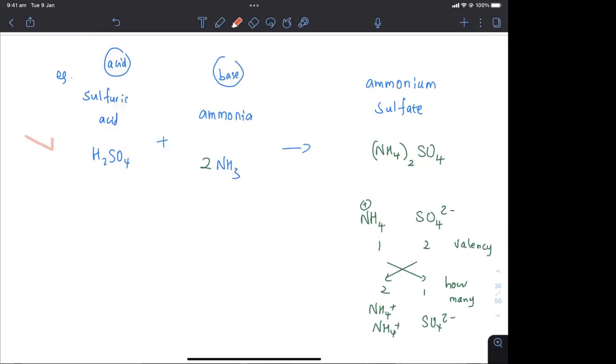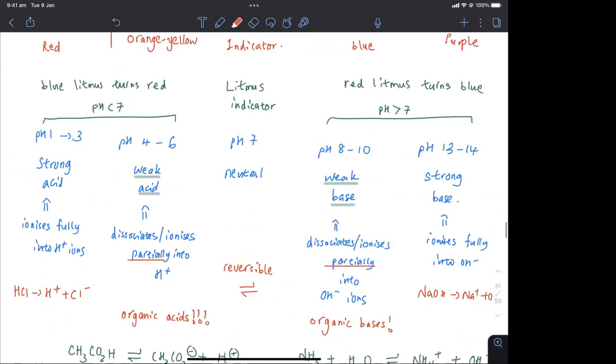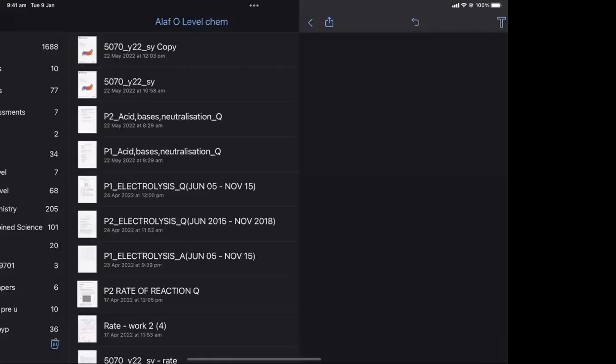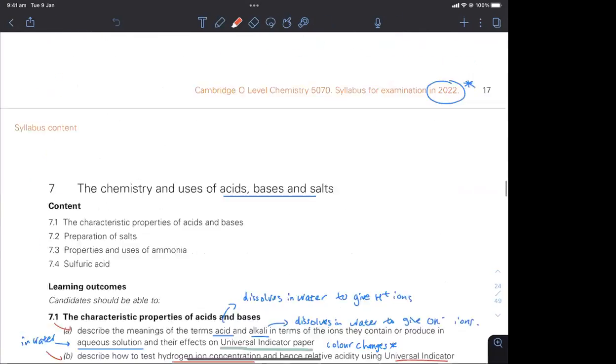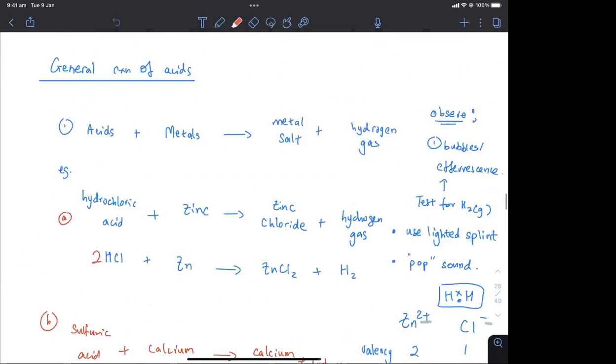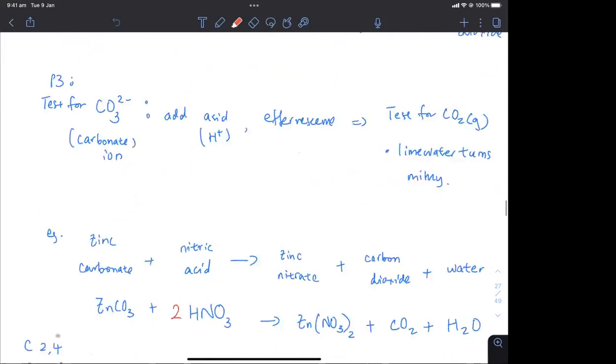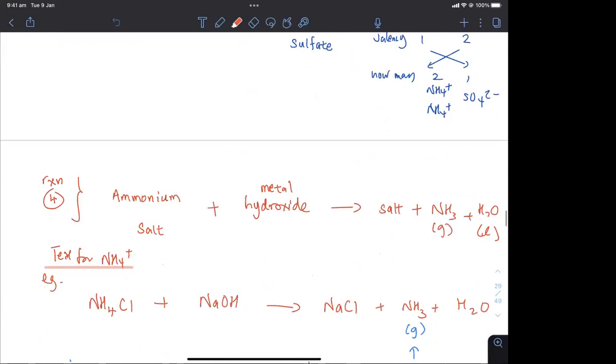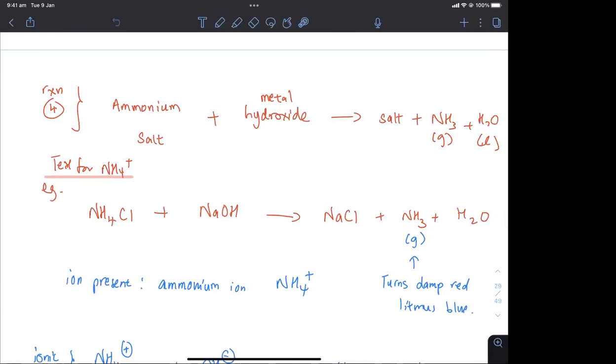Okay. There is one equation which I haven't shown you. It was something I covered with the other classes just now. So if you have time, go through the last 5 minutes of what I covered in session 1, which I'll upload the video eventually. It was basically about this explanation on ammonium salt. Anything that contains ammonium ions, you test for it by adding anything that contains hydroxide, and you get salt, ammonia, and water.